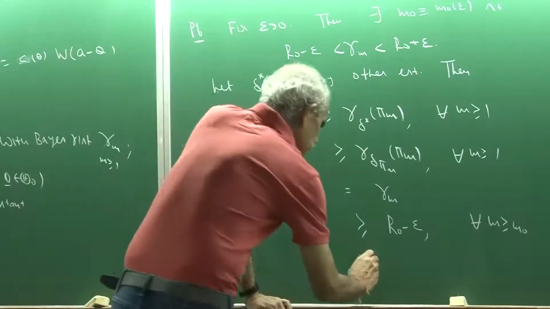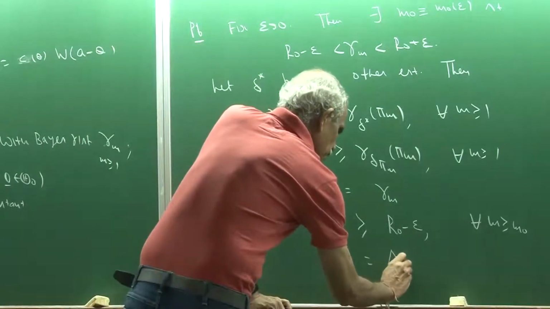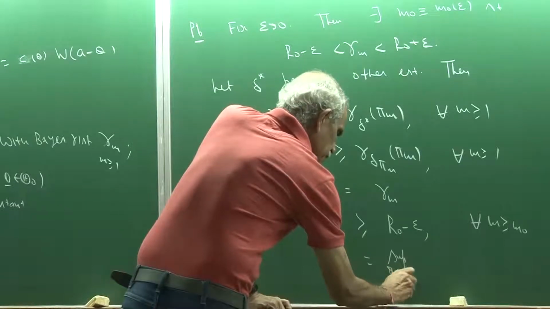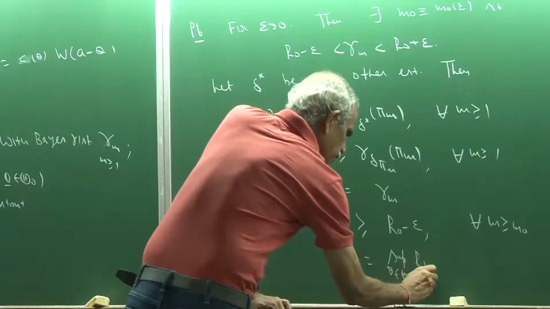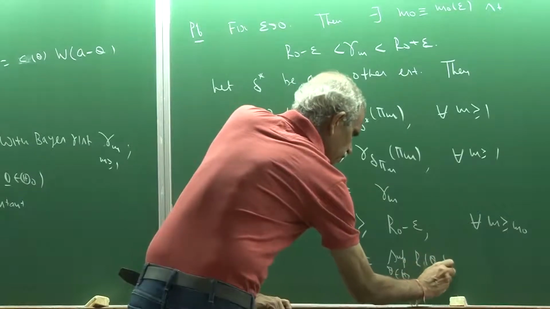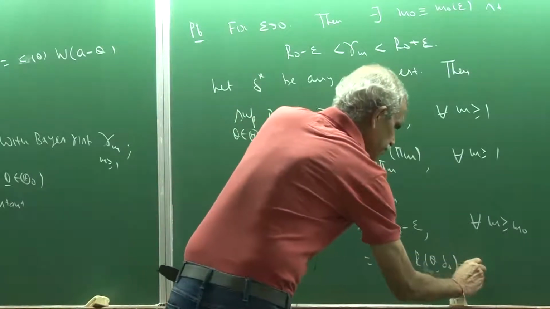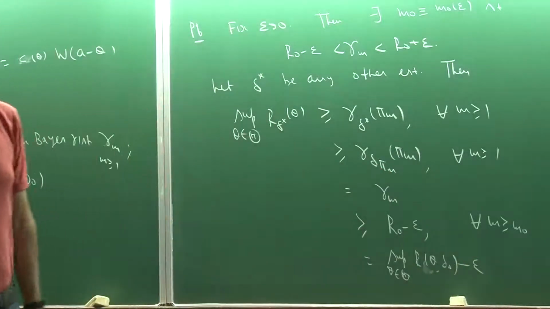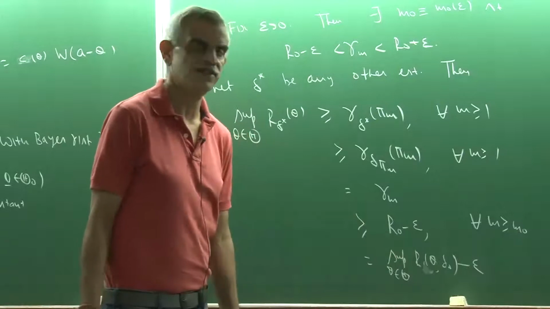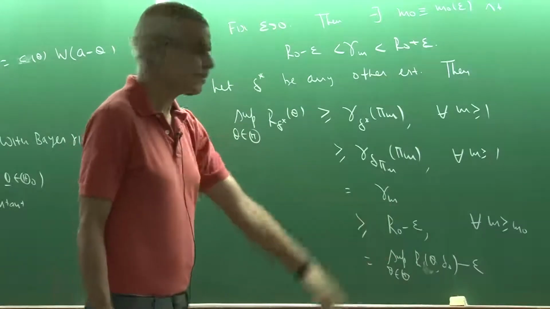So this is the same as the supremum over theta belonging to Theta of R theta delta naught, minus epsilon, because R naught is the constant risk of delta naught.